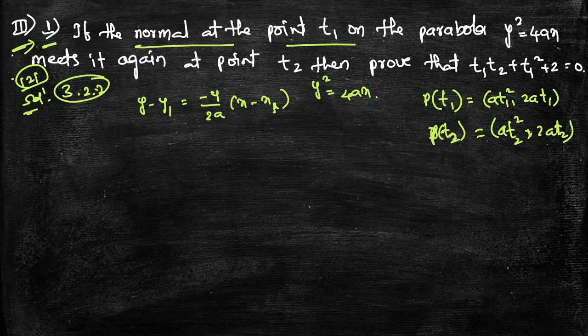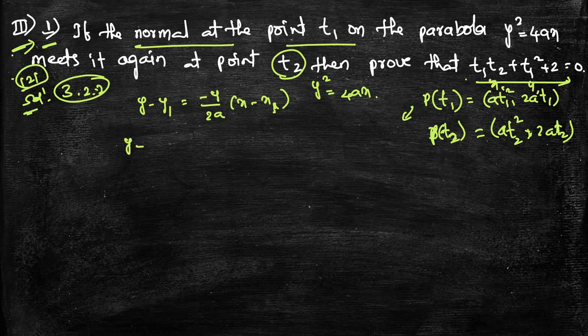Now that point t2 also is given here. Then we have to prove that t1 into t2 plus t1 square plus 2 is equal to 0. Now we substitute: t1 is on the parabola, so we substitute the x1, y1 values here.